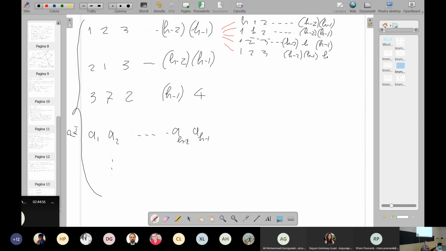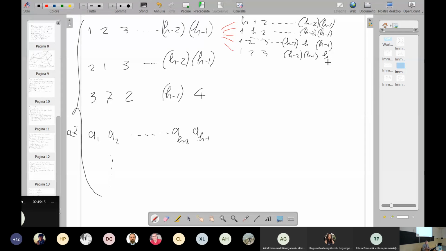Okay? How many positions do I have for putting my h in all these possible ways? Here at the very beginning, here between the first and the second, and so on and so forth, here as the last but one, and here as the last one.